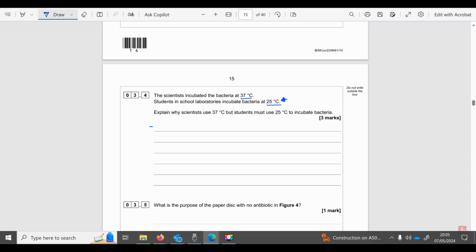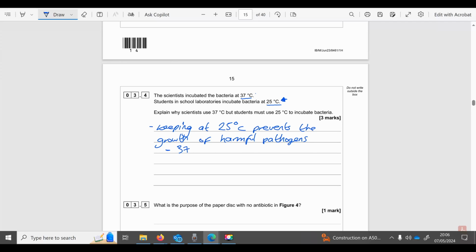So, bacteria like a warm condition. When it's nice and warm, they will grow more. So by keeping it at 25 degrees, you're preventing the growth of harmful pathogens. Okay, but why have it at that specific temperature of 37 degrees? Why not 40?